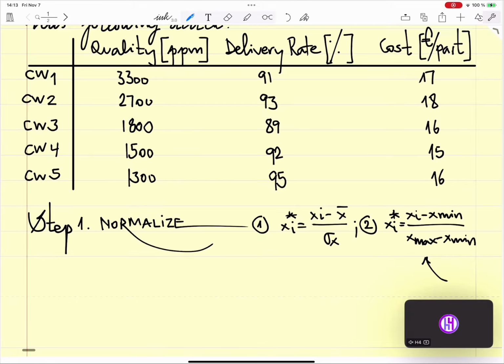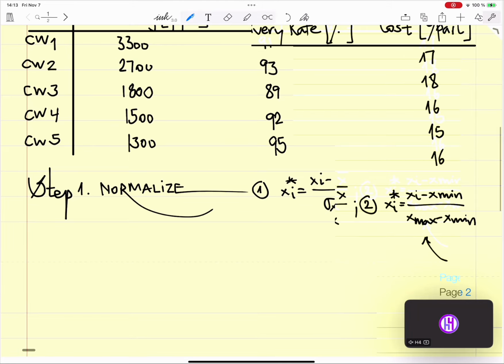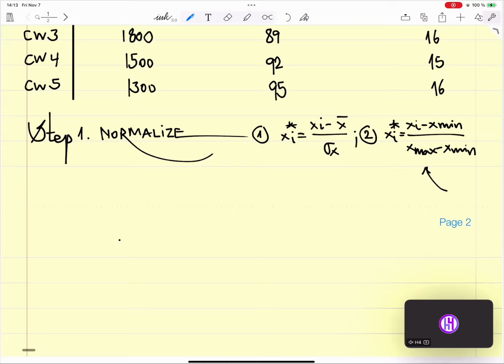Okay, so in order to do so, we defined new data set.